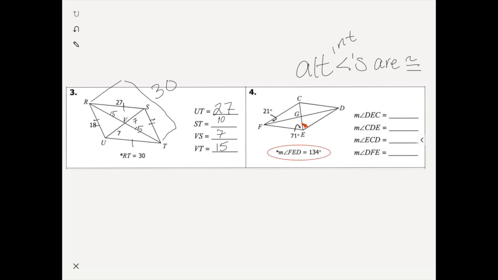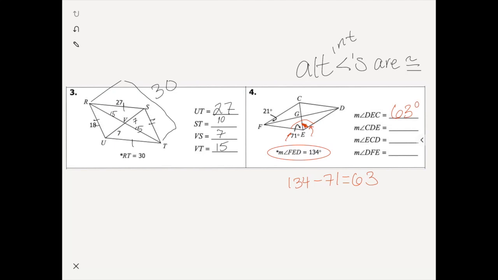So FED is actually this whole entire angle. If that whole entire angle is 134, but this little bit right here is 71, we need to find how much this angle is, in order for us to add 71 plus this angle to get 134. So if you do 134 minus 71, you're going to see that it is 63. So this is 63 degrees.